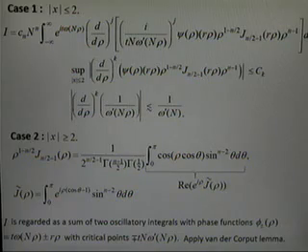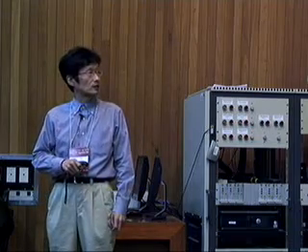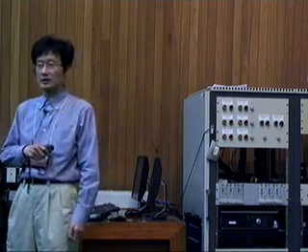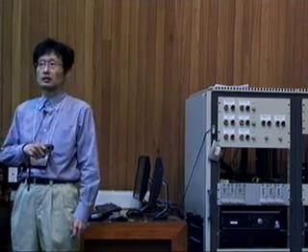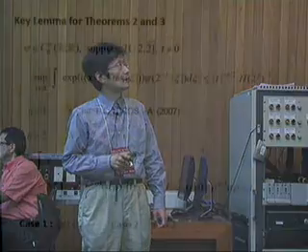So all you have to do is apply the so-called van der Corput lemma, according to, for instance, the book of Elias Stein, and we finish the proof of the key lemma.